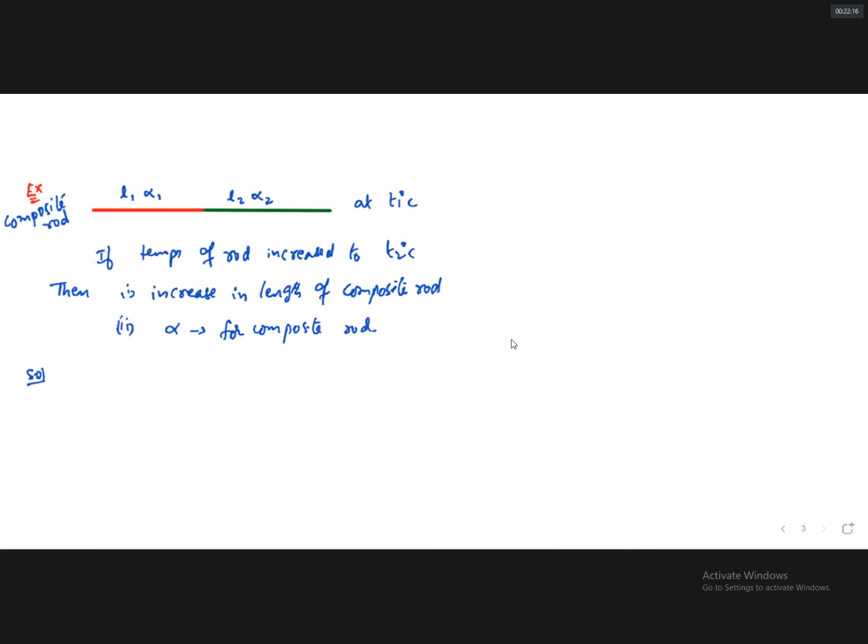So here at T1 degrees Celsius, the composite rod is having length L1 plus L2 and having linear expansion coefficients alpha 1 and alpha 2.